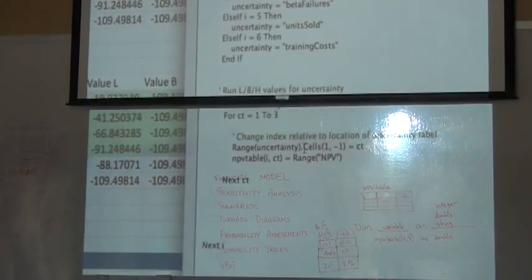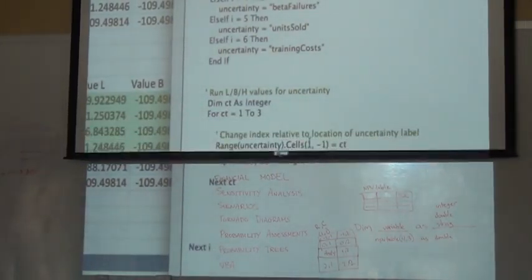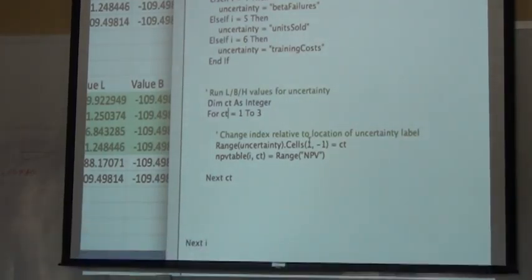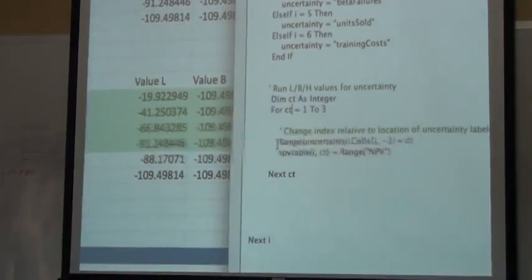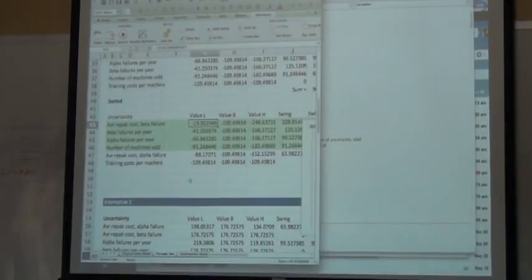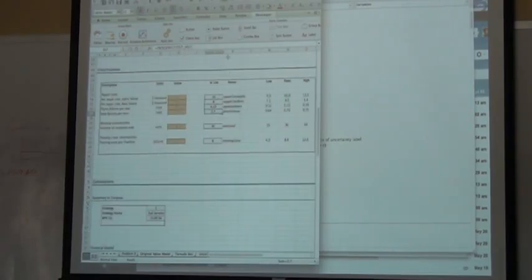So then if we could just return to that function where I said change the range that's named after the uncertainty. But I'm not actually going to change that. I'm going to change the cell that's in that row and 2 columns to the left of it. So if I go to that spot, I'll show what I mean by that.